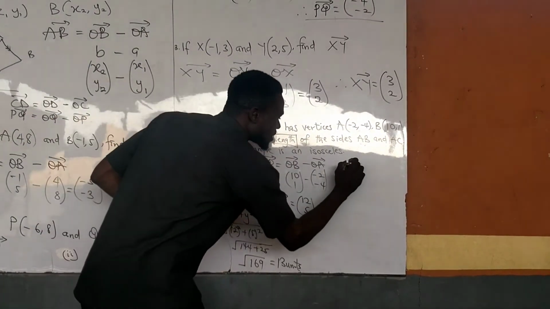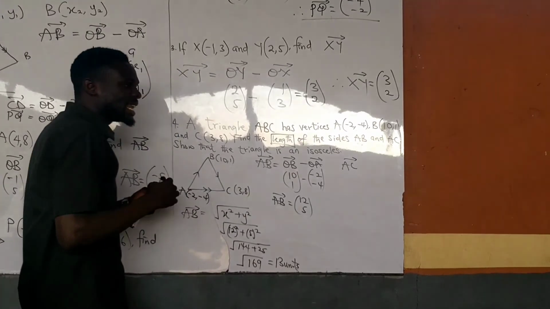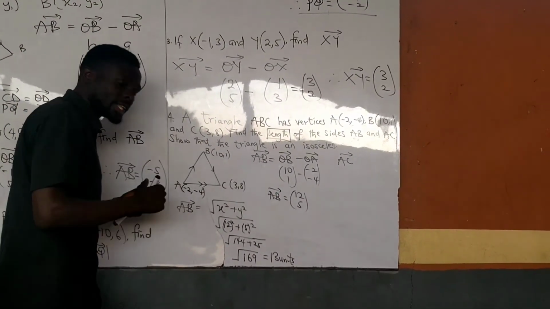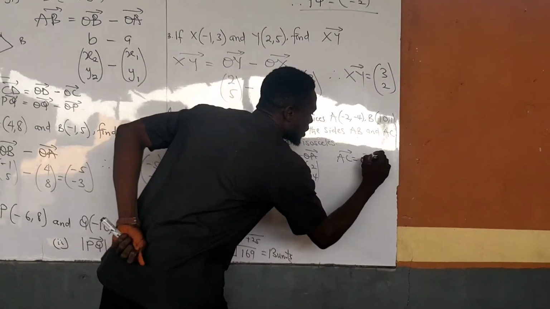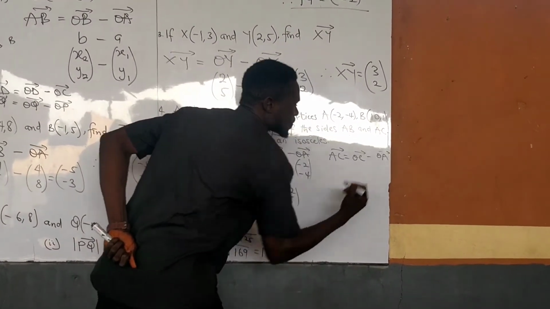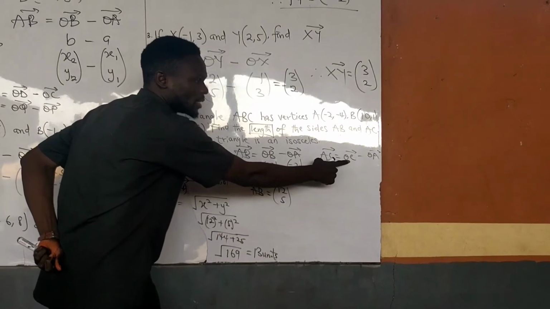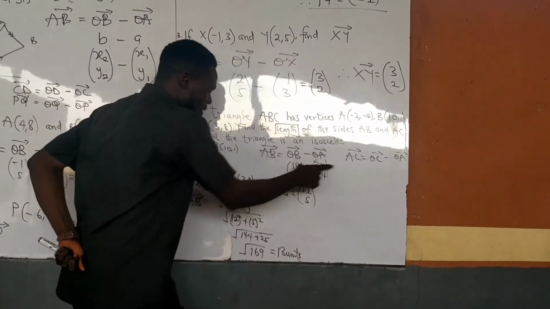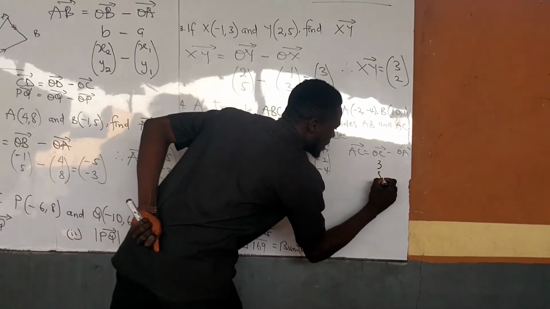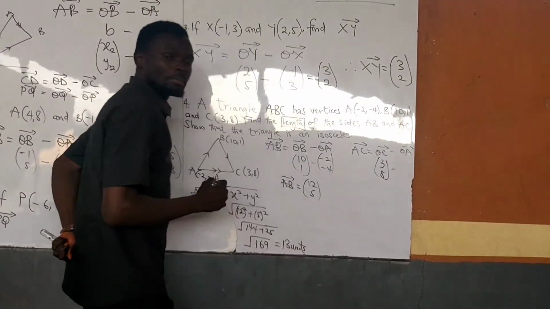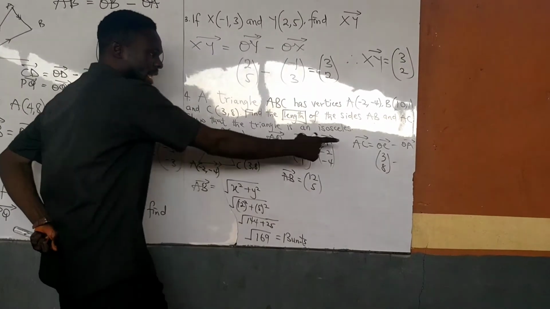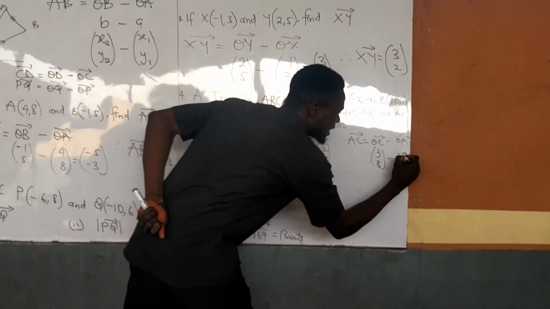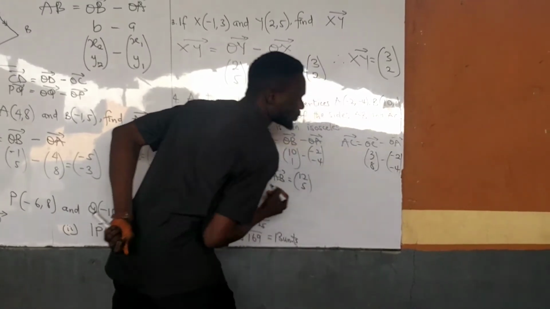Then we also find AC. AC is a vector, but the A they're giving us is a point, and C is also a point. So the second minus the first. The second point is C, the position vector (3, 8), minus A, the position vector (-2, -4).